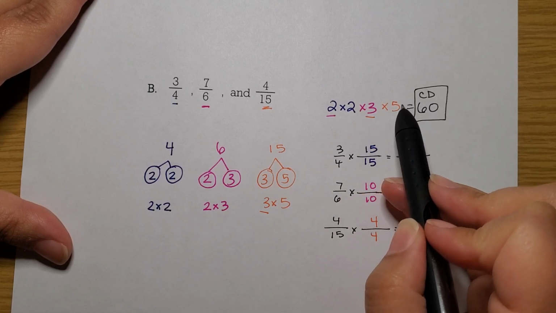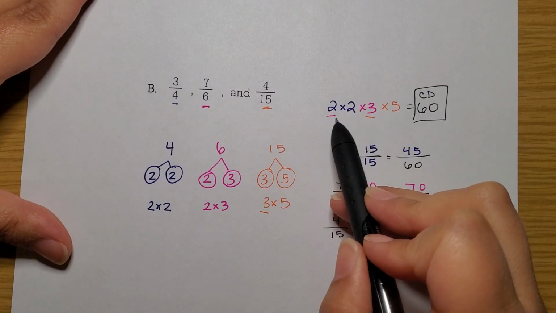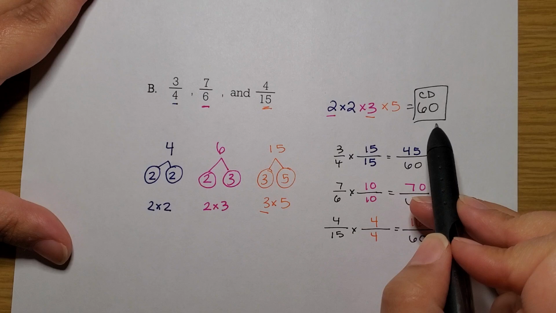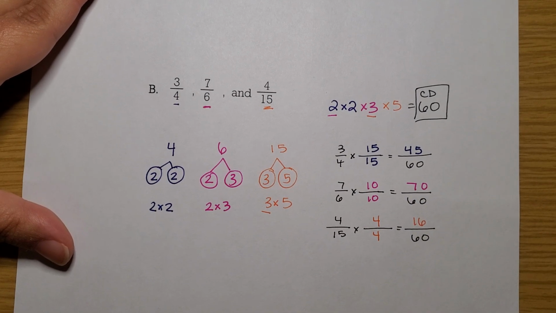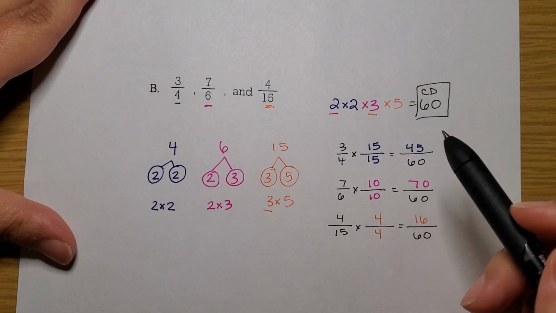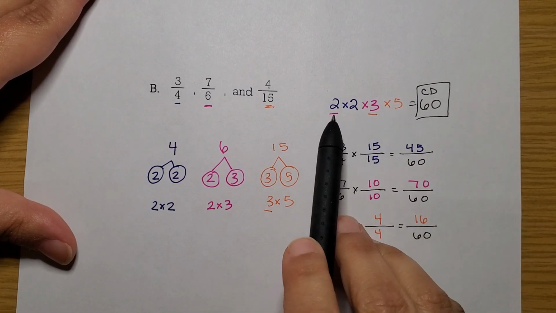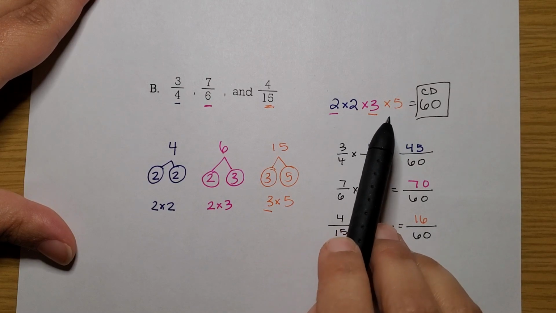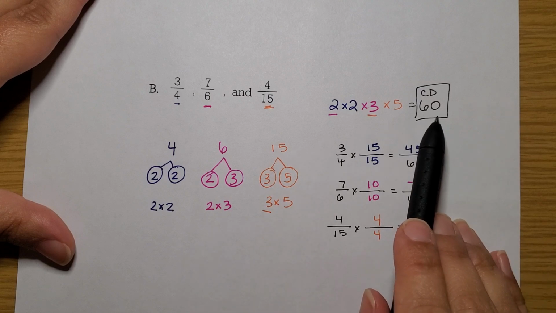So here's the 15 lurking out as a factor. 15 times 4 will get me 60. Oh, excuse me. So this works first and foremost as a common denominator because everything that we have here ensures that all of these are factors of the common denominator.